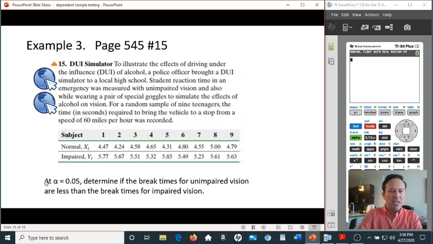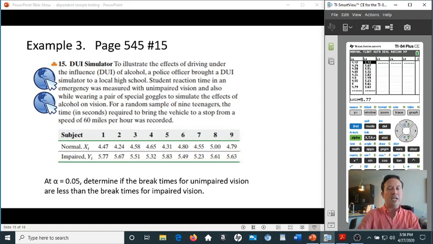At alpha equals 0.05, determine if the brake times for unimpaired vision are less than the brake times for impaired vision, just to see whether there's a difference between sober driving and drunk driving. So of course, the first thing you want to do is enter the data. I already have that done for us.